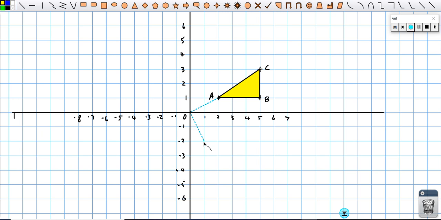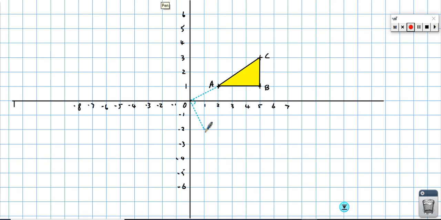So rotating A by 90 degrees from the origin, we find that A comes here. Let's see what's happening. A has coordinate 2, 1. We rotated A, and our new coordinate for A is 1, -2. Let's compare the two coordinates. So I had 2, 1, which became 1, -2.